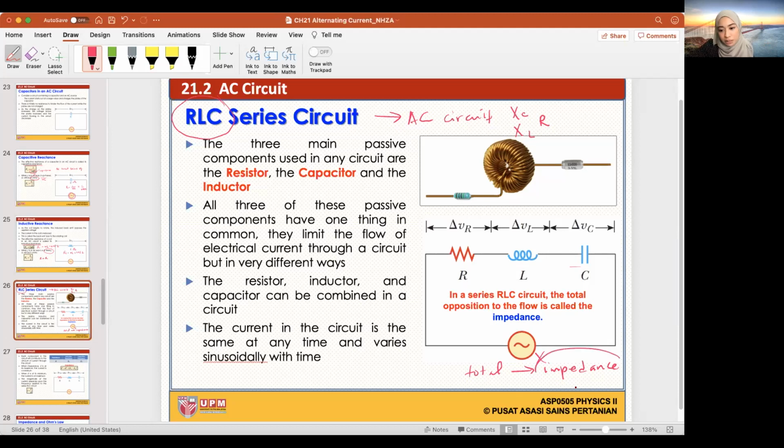So kena tahu, impedance ni maksudnya gabungan ataupun the total. Kalau tak ingat impedance ni maksudnya total, then you would think that it's a regular reactance. So you have to understand that impedance means total. Okay, it's not the same as reactance. Reactance untuk satu komponen, impedance untuk gabungan.